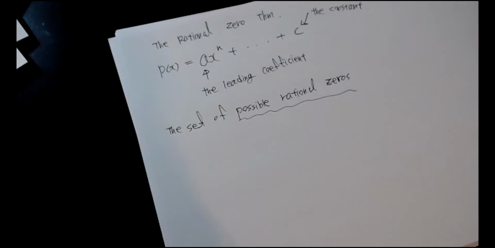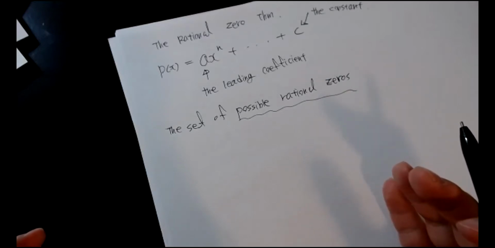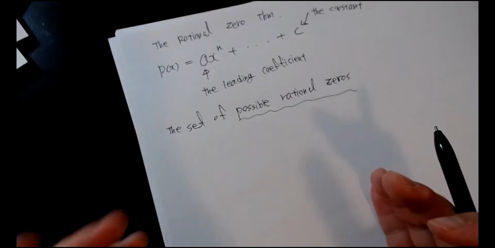We don't know unless we directly plug the number into the polynomial function to see if the output is 0. If the output is 0, yes, that number must be an actual zero. So we want to find the set of candidates that have potential to be an actual zero.